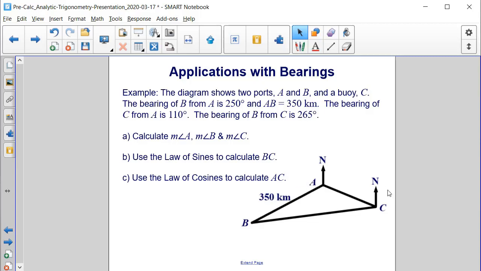The bearing of C from A is 110 degrees, and the bearing of B from C is 265 degrees. Calculate the measurement of angle A, the measurement of angle B, and the measurement of angle C. Then use the law of sines to calculate the length of BC, and use the law of cosines to calculate the length of AC. Let's start off with part A.